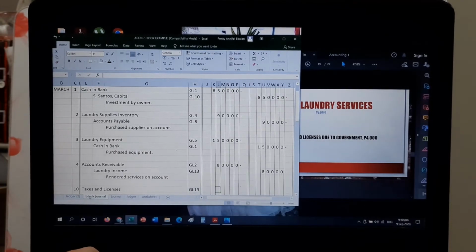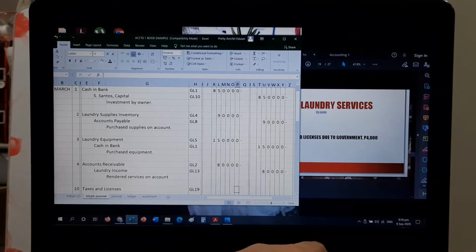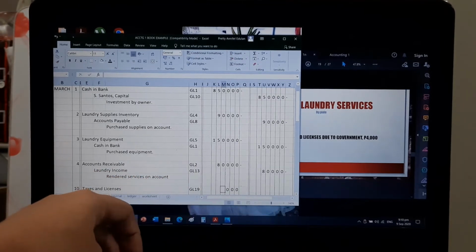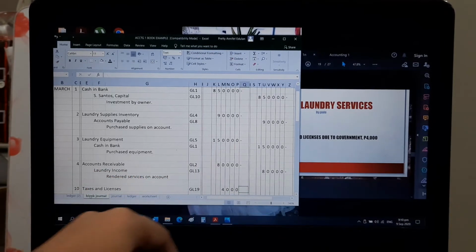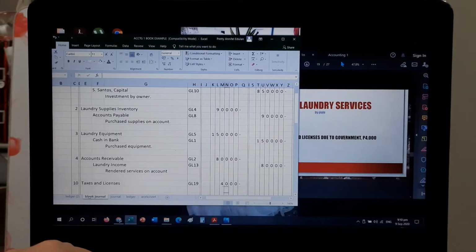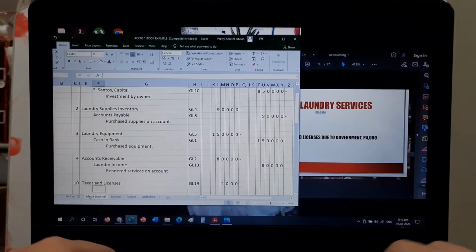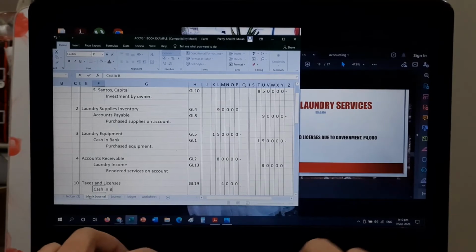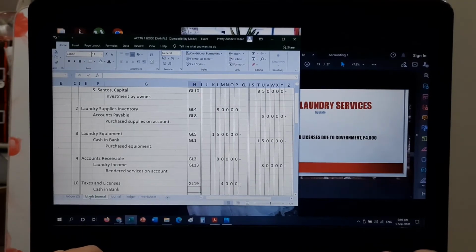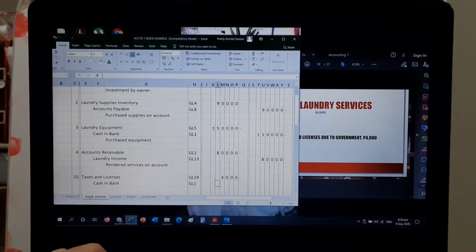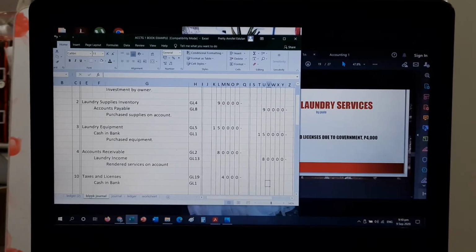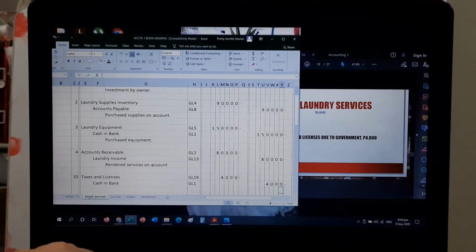For how much? That's 4,000. Since we paid for our taxes and licenses, credit cash in bank. Again, cash in bank is the first account title. And that is 4,000.